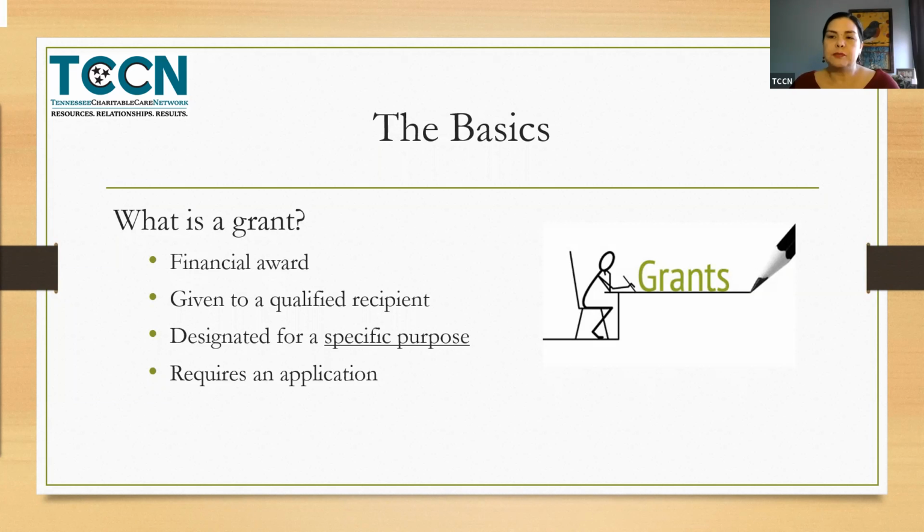It has to have a specific purpose, and it's usually right there in the introduction when they tell you, I have funding for X. As soon as they tell you that it's a specific purpose, and this is for the other participants today, we immediately know that that means that this funding is restricted because it's for a specific purpose.